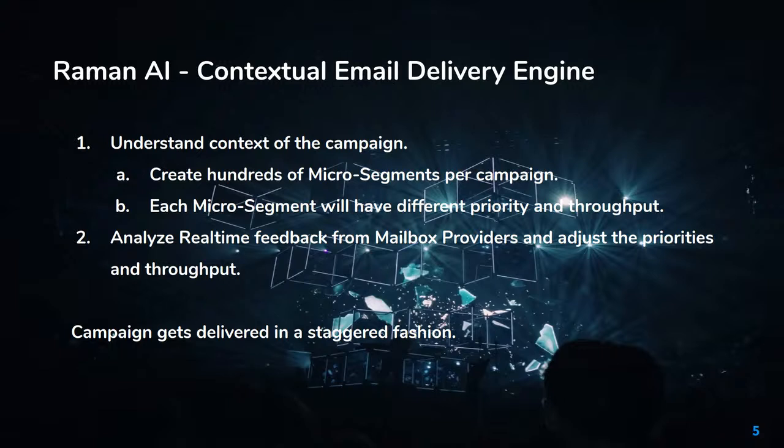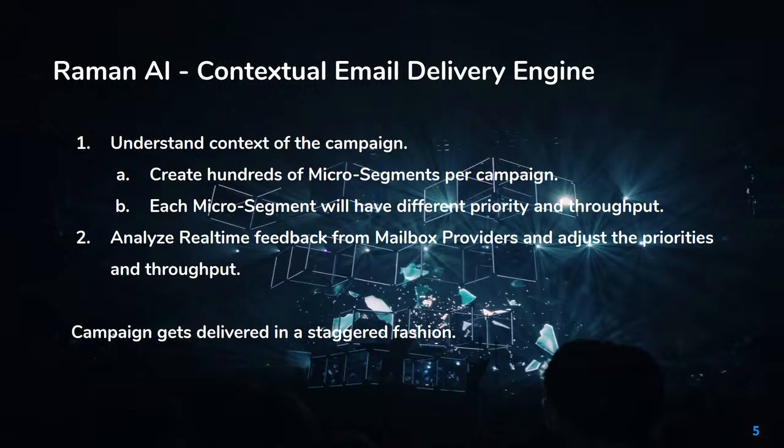So also the entire dormant campaign of 1 million users gets delivered at a slower pace than the original campaign. So this helps in spreading the load, and also since you are starting your day with targeting the best of your users, the dynamic reputation that builds can help in inboxing better. So the entire campaign gets delivered in a staggered fashion.